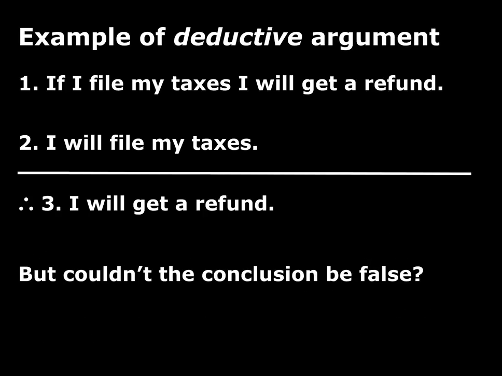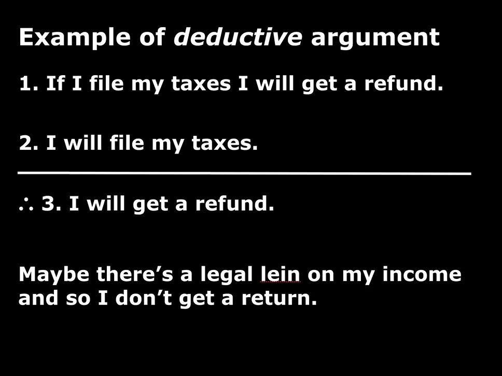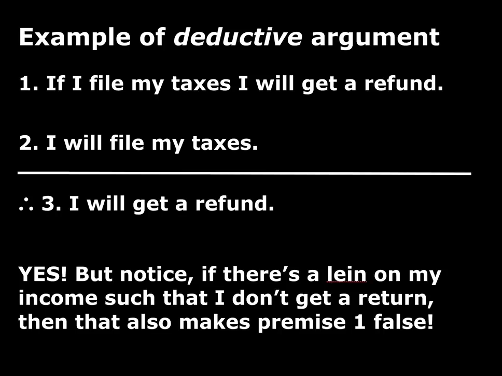Now you might be thinking, hey, couldn't the conclusion be false? Right? Maybe I don't get a refund, right? Well, that's right. Maybe there's a legal lien on my income, so I don't get a refund. I don't get a return for my taxes. So that's true, but notice something.